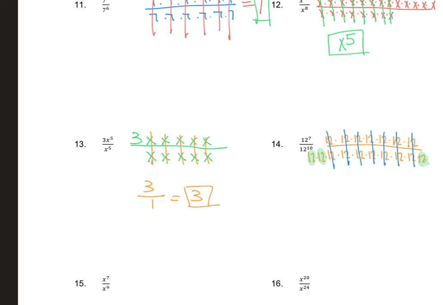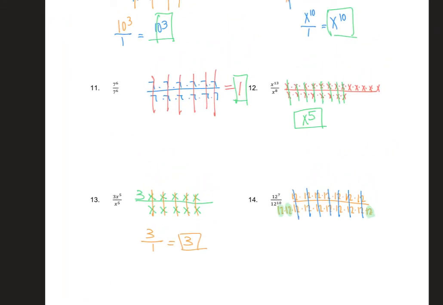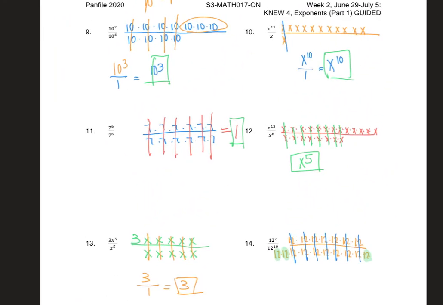Because this problem is very similar to number 9, where I had 3 left with exponents of 7 and 4. But the 3 that I have left were on the top in that one. Now I have 3 left because the difference in my exponent is still 3. But the excess is in the bottom.